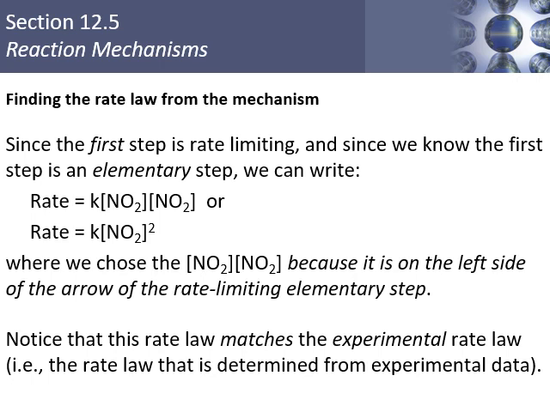And since we know that's an elementary step, not an overall reaction, then we can write that the rate equals some rate constant K times the reactants involved in that slow step, which in that case was NO2 and NO2 again, so it's NO2 squared. And then what you would do is take your mechanism rate law and see if it matches the experimental rate law, and it did. So what that tells you is that even though you don't know 100% sure that that is the correct mechanism, it's probably the correct mechanism.